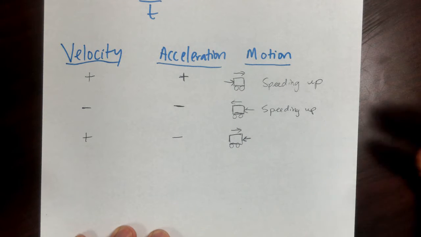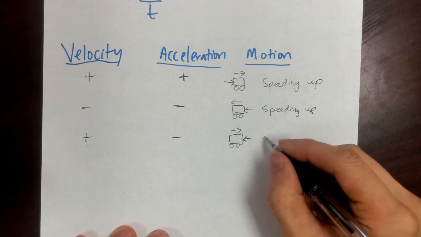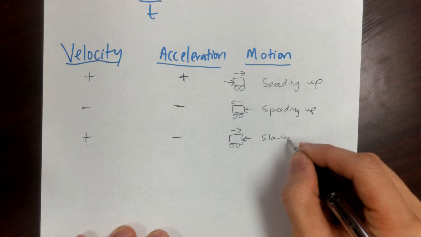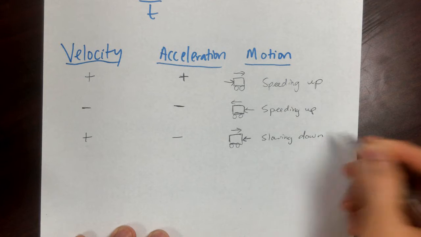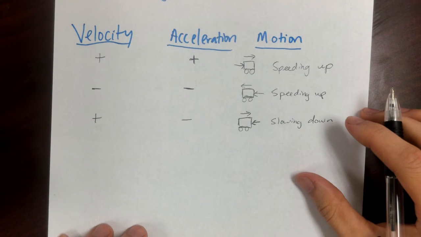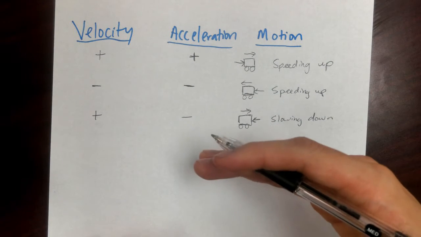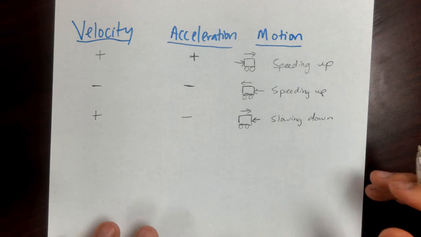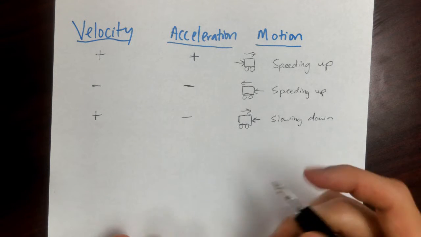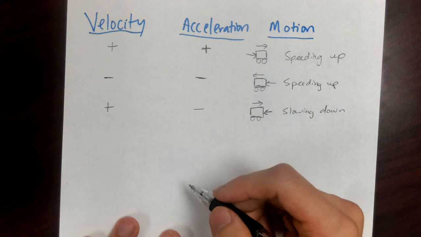So is this thing speeding up or slowing down? You said slowing down. You are correct. If you see what's going on, you can go ahead and move on. Try to figure it out yourself. If not, follow along.